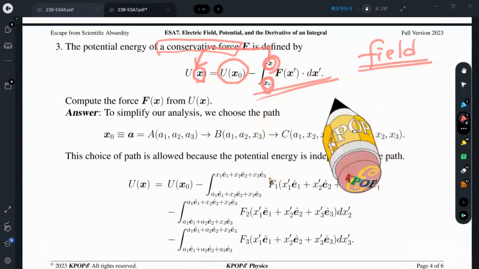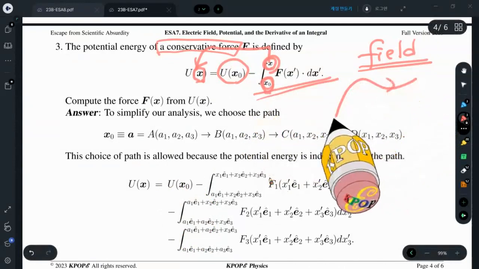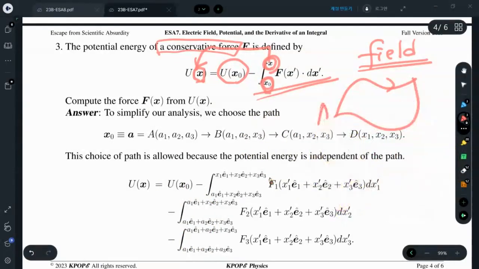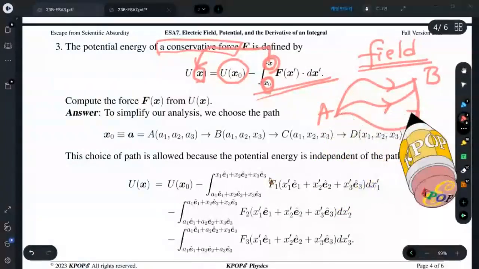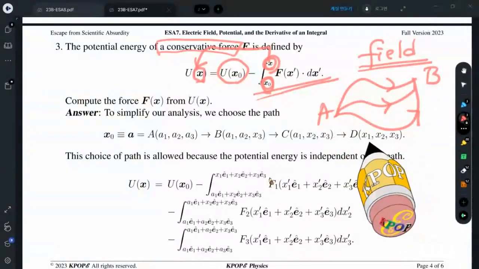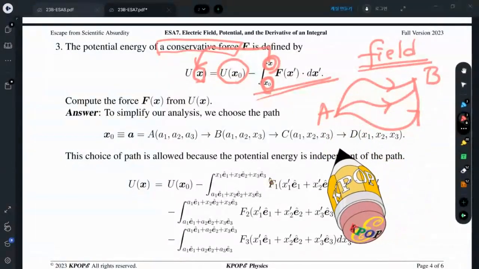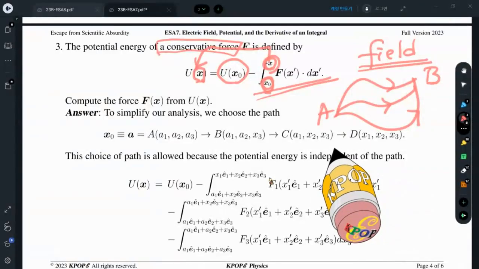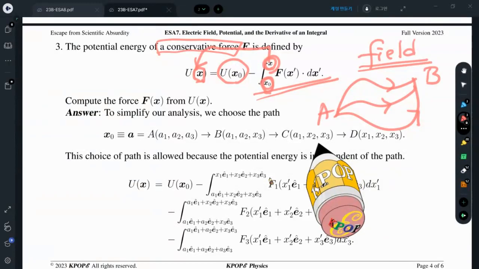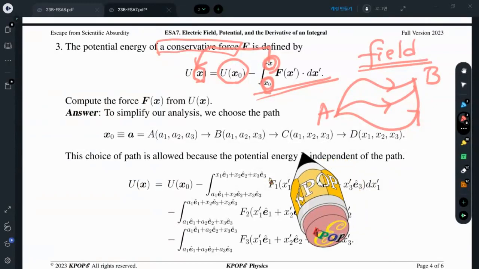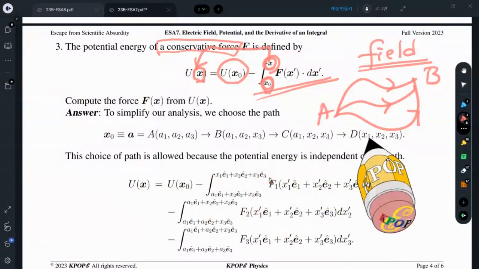So we can choose an arbitrary path from A to B. Whatever path you may choose, if you're clever, you might want to choose the simplest path along which the integral becomes compact. So why don't we choose these 3 points?